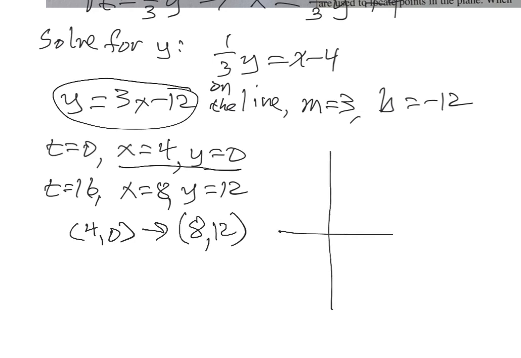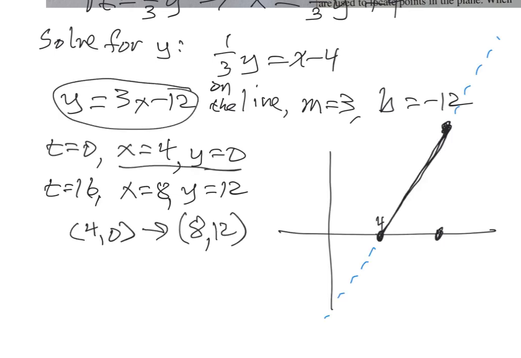So the point 4 comma 0 and the point 8 comma 12. So the graph is that. The actual line goes on.